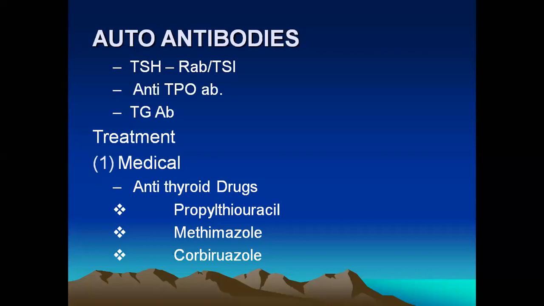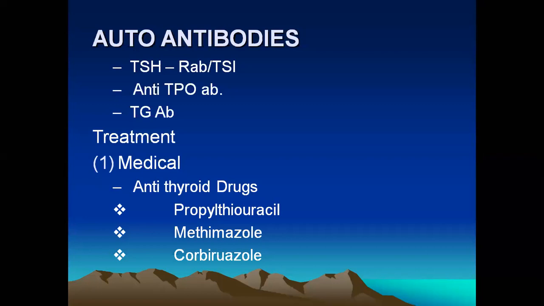And second is carbimazole, where a 5 milligram tablet is available, so we have to start with the maximum dose, 30 milligram, and when the patient is euthyroid, we can continue with 5 milligram OD. Similarly, with propylthiouracil we can go for a 50 milligram maintenance dose.